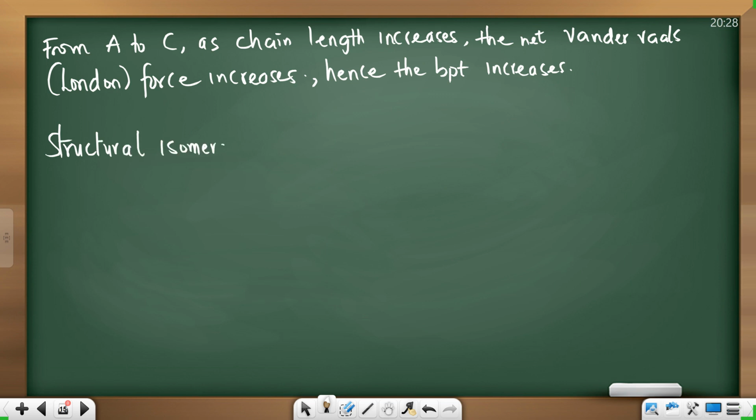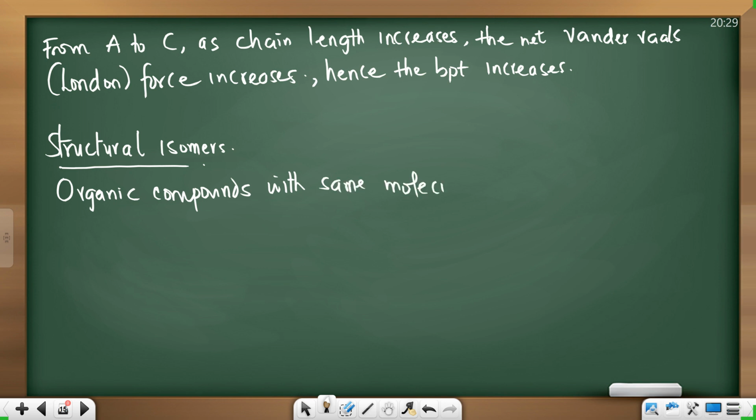Organic molecules with the same molecular formula but different structural formula. Thank you so much. Organic compounds or molecules, right? What's the key word? With the same molecular formula but different structural formulas.